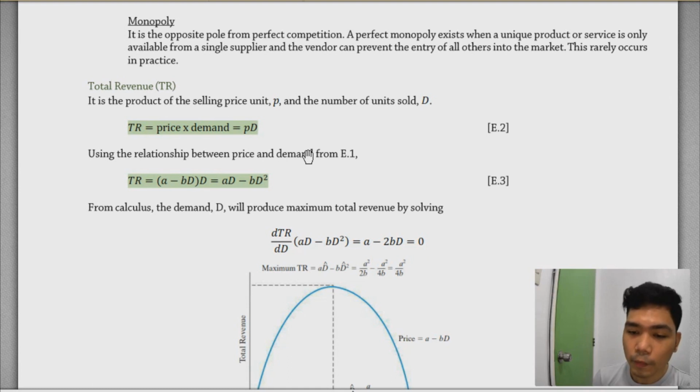You were able to sell 1,000 of them, so your kita or your total revenue would be 1,000 times 30 pesos. That is your total revenue.